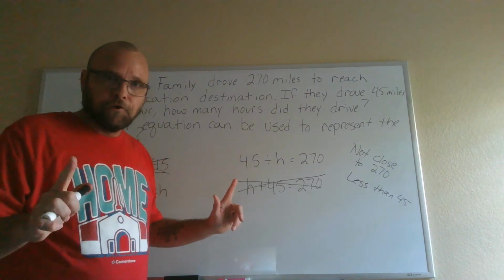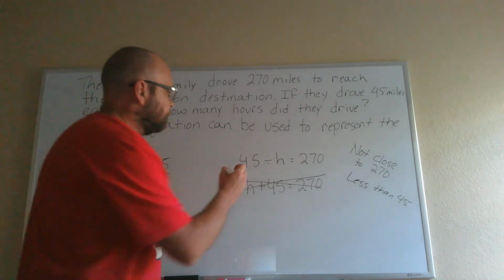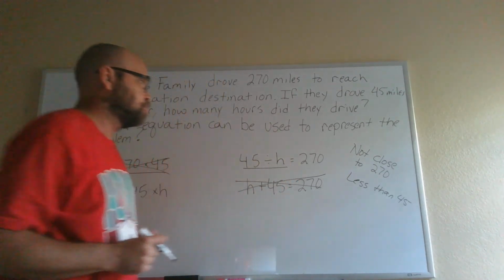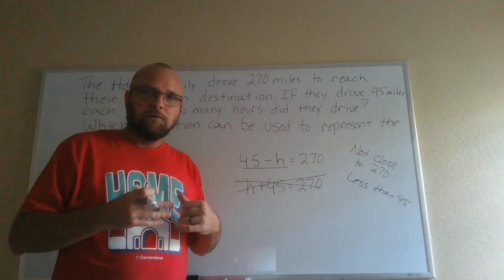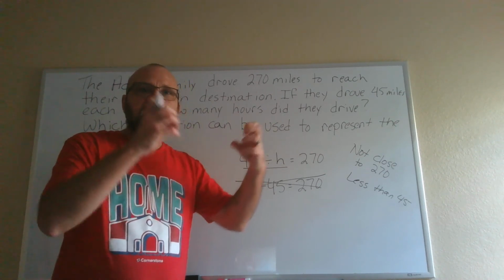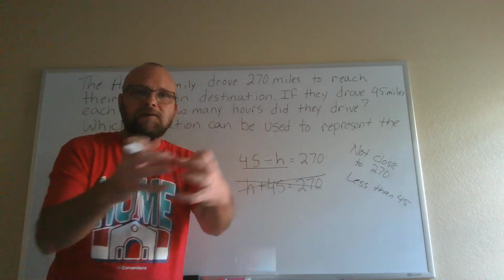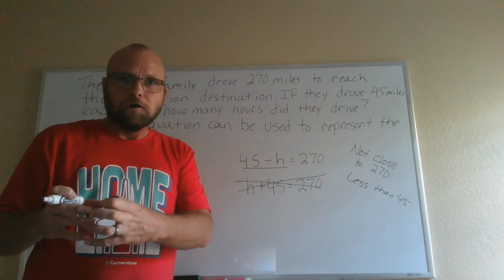Let's eliminate a third answer. If I divide 45 by H, is the 45 going to get bigger or smaller? Good, it's going to get smaller. I'm dividing it. I'm taking 45 and putting it into equal pieces. It's going to make it smaller.